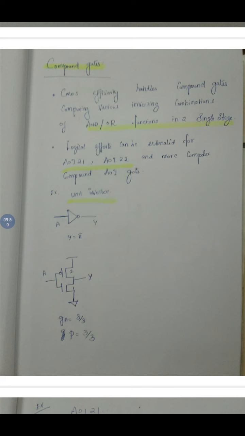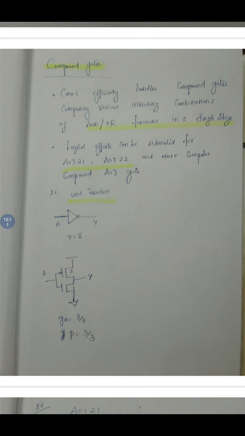AOI means AND-OR-Invert logic: A for AND, O for OR, I for invert. The numbers, like 2-1, tell how many inputs the gates have, so based on that you get AOI 2-1, AOI 2-2. And for complex AOI gates you can simply write AOI.